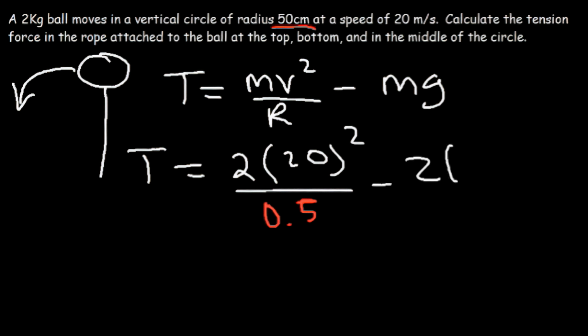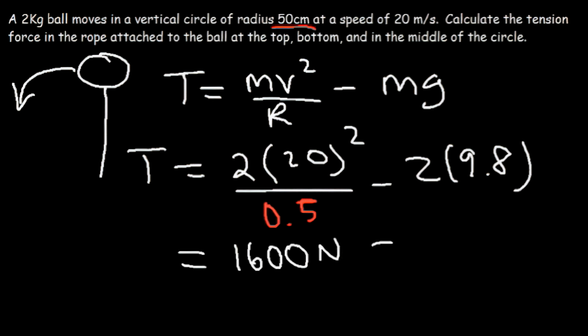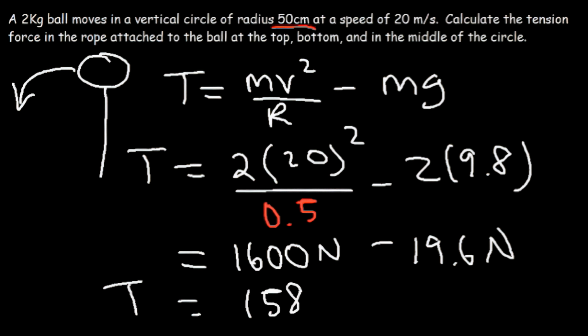Minus the weight force, which is 2 times 9.8. 20 squared is 400 times 2, that's 800 divided by 0.5, so that's 1600. Minus 2 times 9.8, which is about 19.6. So in this case, the tension force is about 1580.4 newtons at the top.